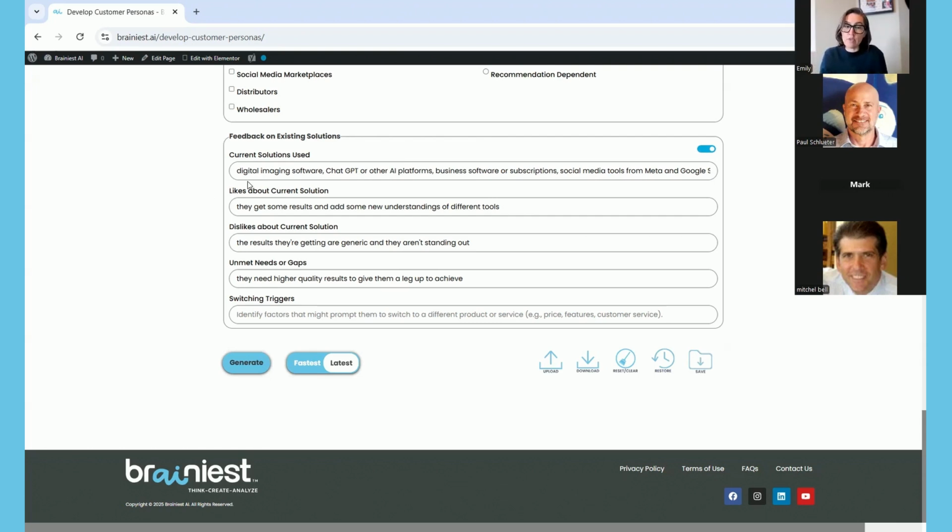So in our case, things like current solutions used were really, really important, because we want to make sure that people, especially in a new space, may already understand what their frustrations are. They have used things like digital imaging software, Chat GPT, or other AI platforms. They are aware enough of some business software subscriptions to be able to realize how much easier it is to simply fill in these forms, so that it's not as big of a learning curve as, say, getting a new CRM system.